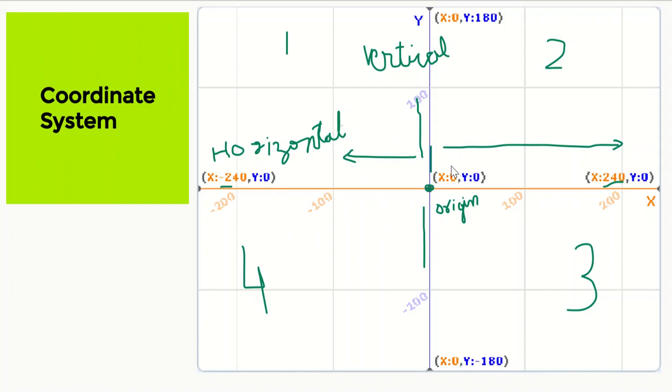If we want to go straight, the values will be positive, and x will go from 0 to 240. Similarly, if we want to go back, the values will be negative, and they vary from 0 to minus 240. The values of y will vary from 0 to 180 in the up direction, and for the down direction the values will go to minus 180.